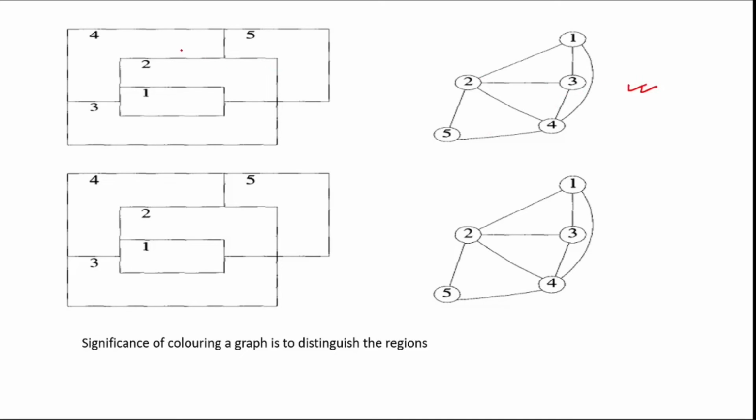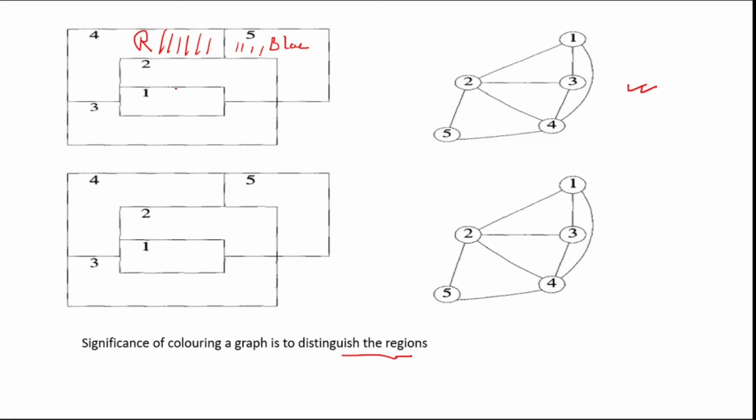People used to check whether regions are adjacent or not. Let's say this region is totally red, this is black. Each region can be represented as a vertex, so the significance of coloring a graph is to distinguish the regions. This is one of the applications.